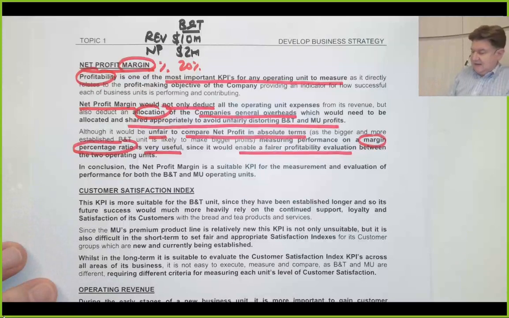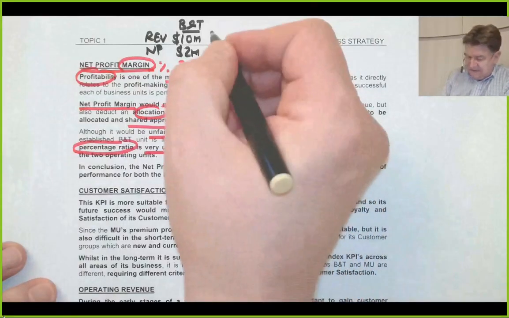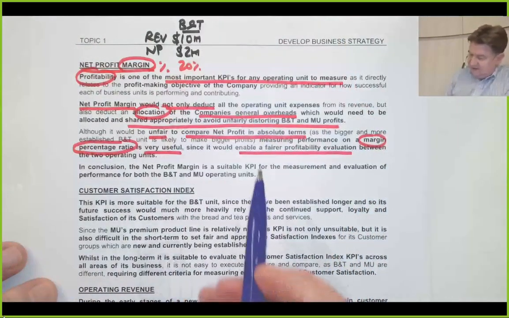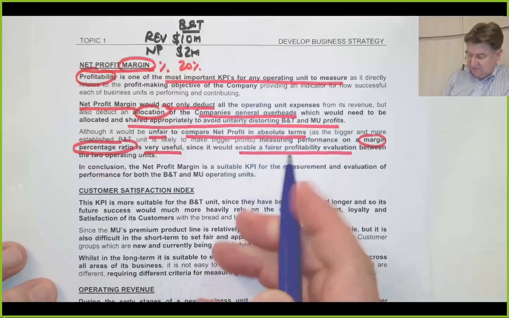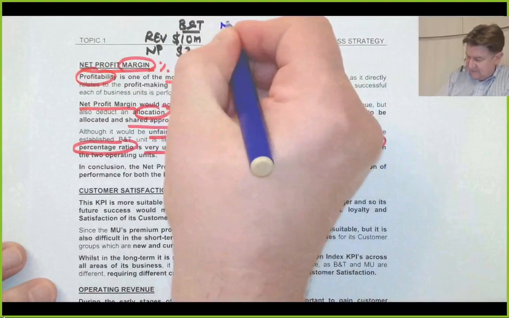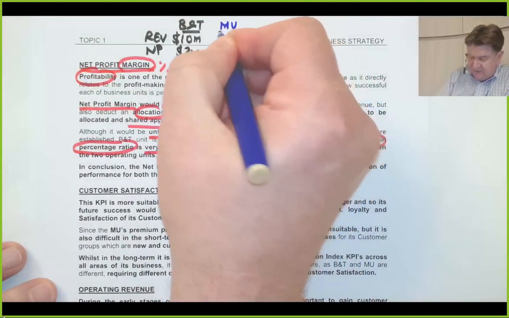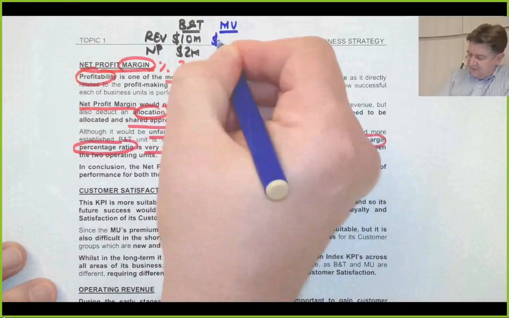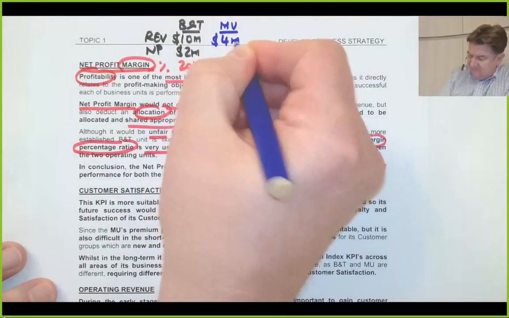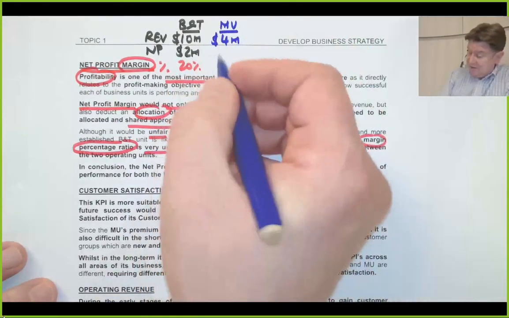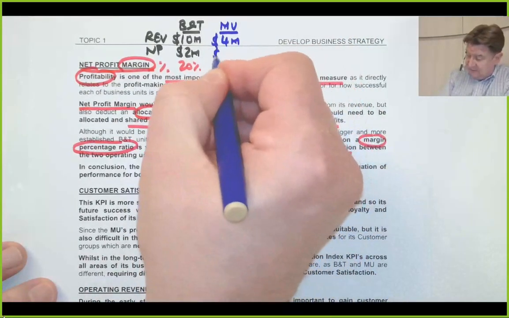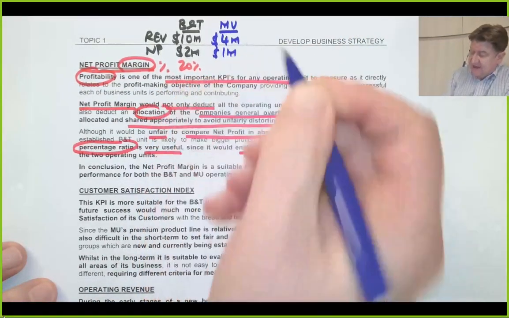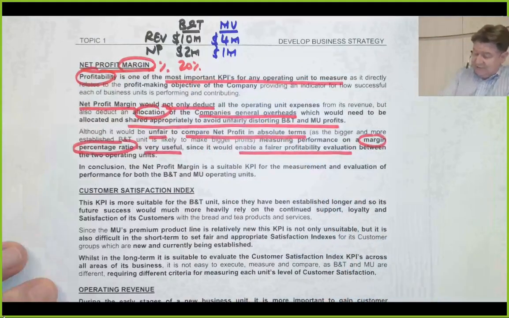Let's then look at the MU. These numbers are not from the scenario, I'm just making them up. Let's say the revenue of the MU was 4 million, and we were only looking at absolute numbers, so let's say their net profit was 1 million.